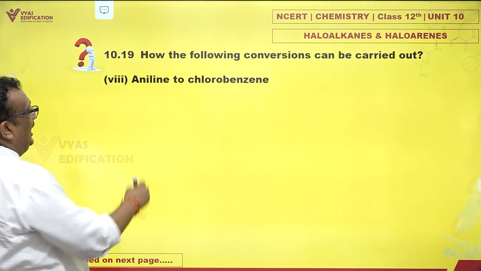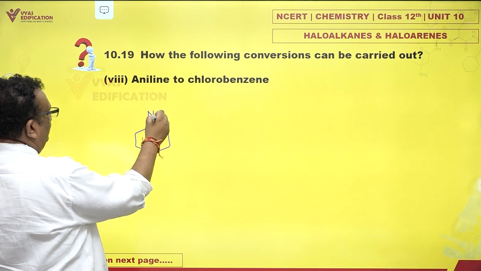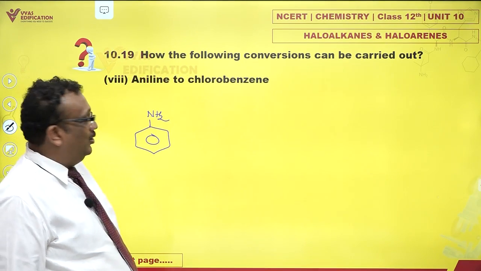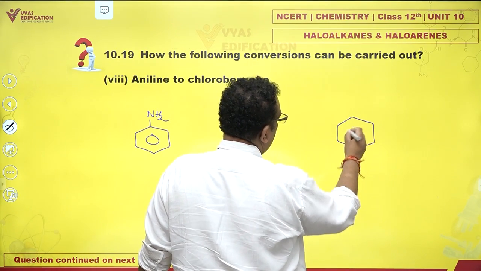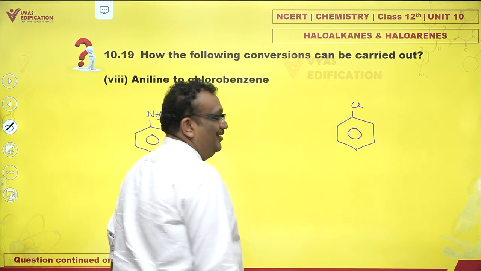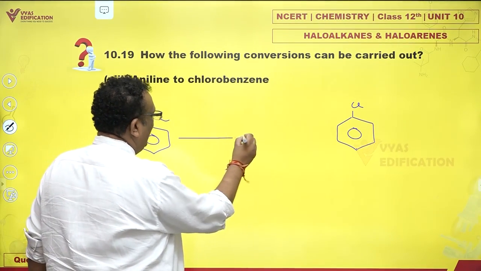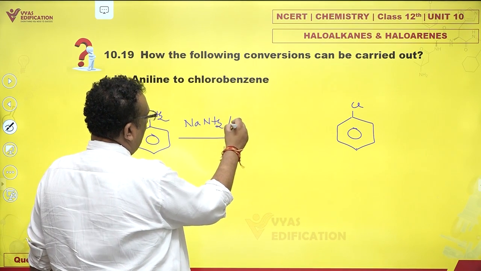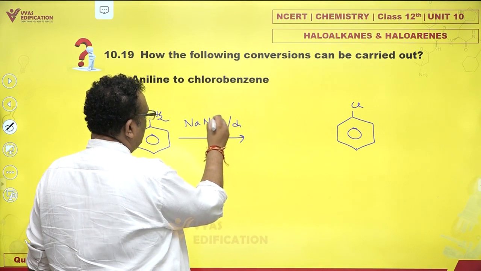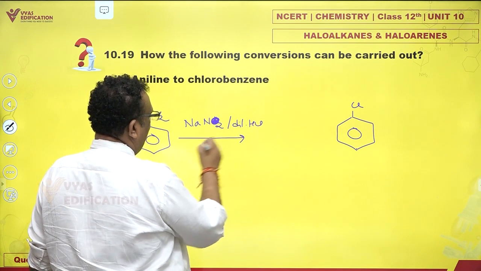The next one, aniline to chlorobenzene. Now NH2 group you have intentions to remove, and you want to change it to Cl. How do we do that? 2 steps. Once again, first is diazotization, NaNO2, I'm sorry. This is NaNO2 dilute HCl.